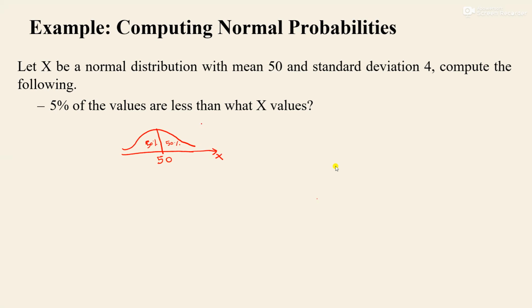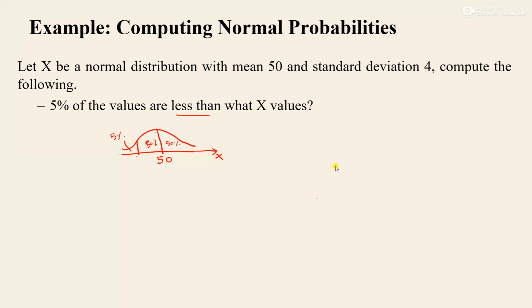The smallest part, 5%, because the word less than indicates the left hand side. If it is more than 50%, say 55%, then it would come here. But for only 5%, then 95% of the values are going to be here. So this is less than 5%.